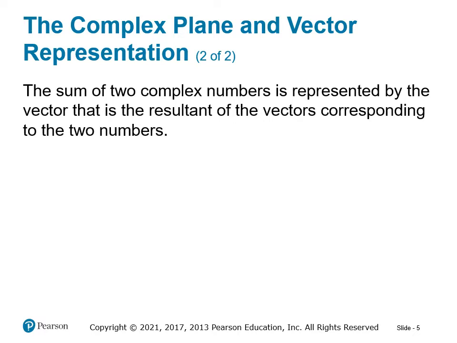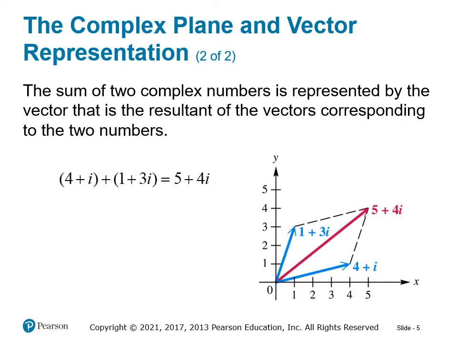As we saw in our vector chapter, the sum of two vectors we can find by adding the x coordinates and the y coordinates, and we get the resultant vector. So in this case, 4 plus i vector plus 1 plus 3i complex vector will end up in the complex vector 5 plus 4i.